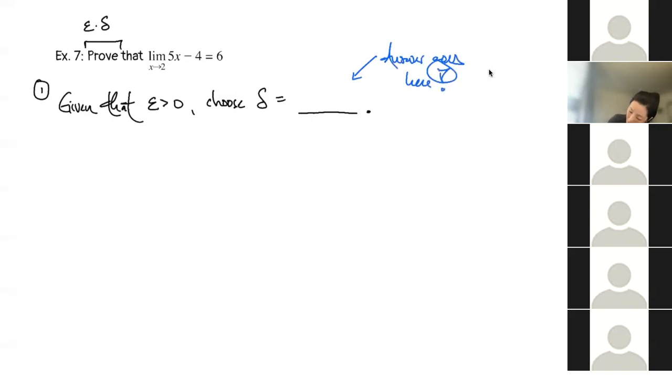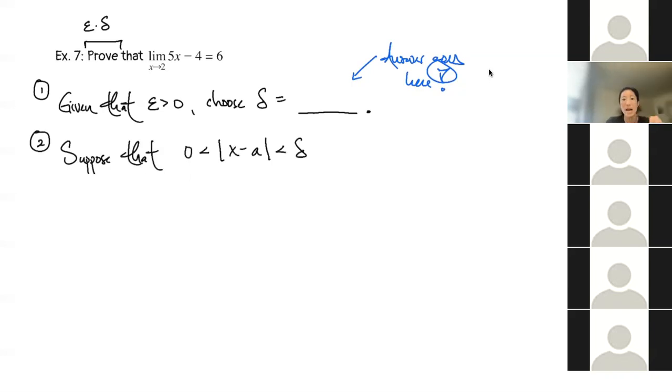All right. Now, let's suppose that 0 is less than the absolute value of x minus a, which is less than delta. All right, so that is straight from our definition. But instead of an a, let's leave a line. And from the problem, can you tell me what value should go in here?